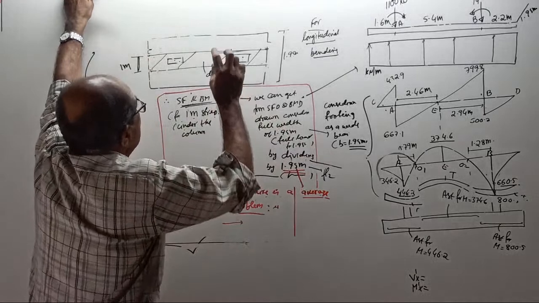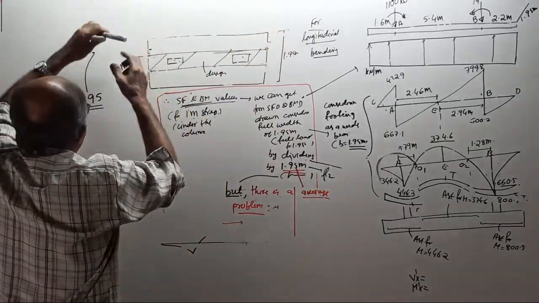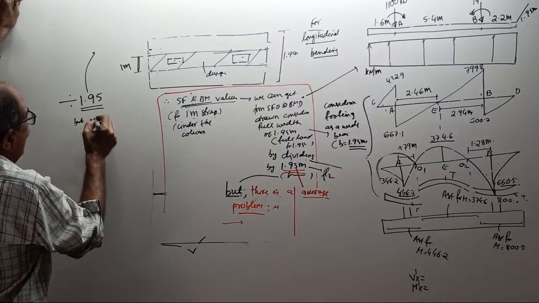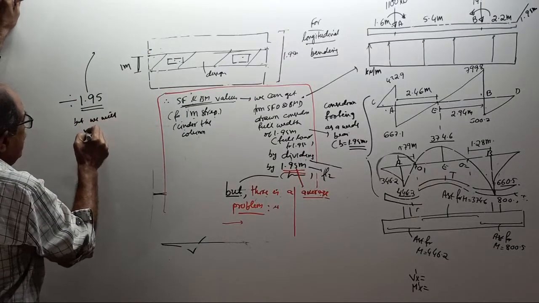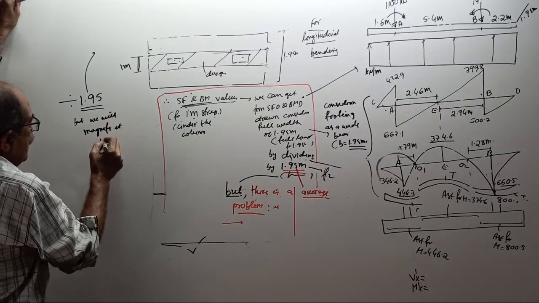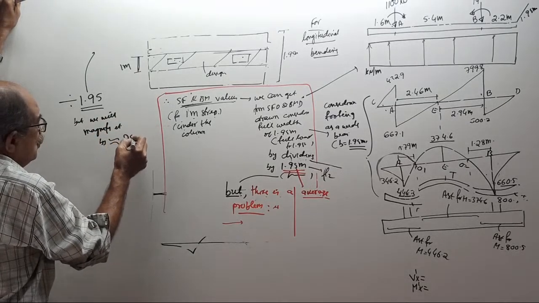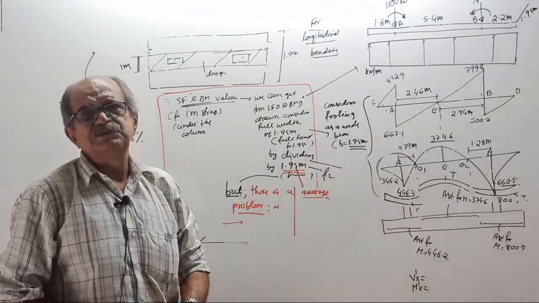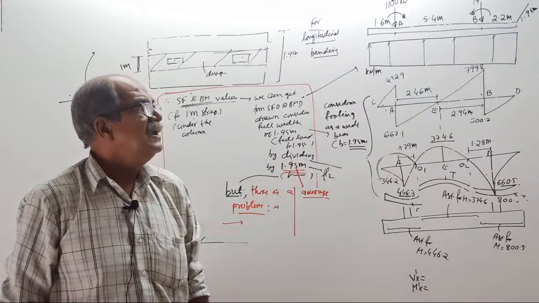Now we want the pressure only for a 1 meter strip. So to get it, divide. But we will magnify it, by approximately, I told you, 25%.